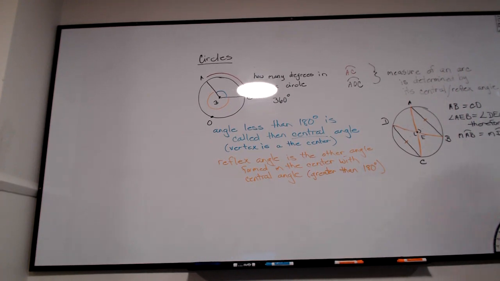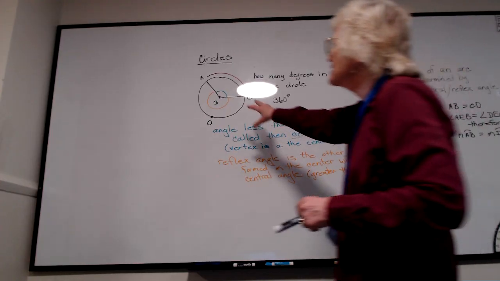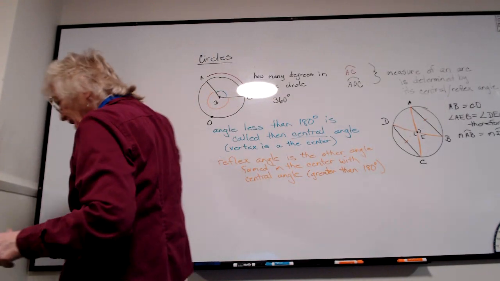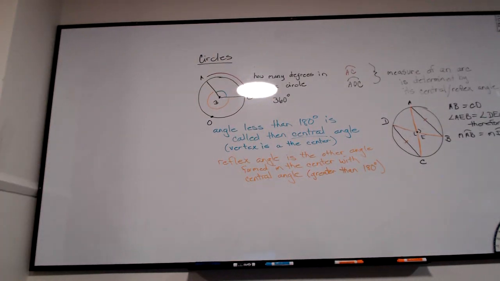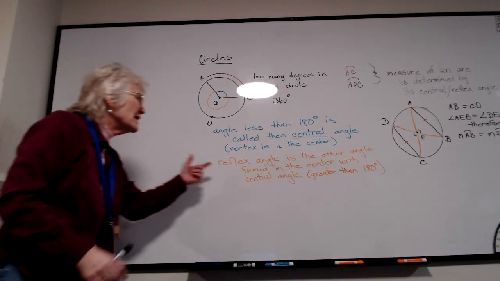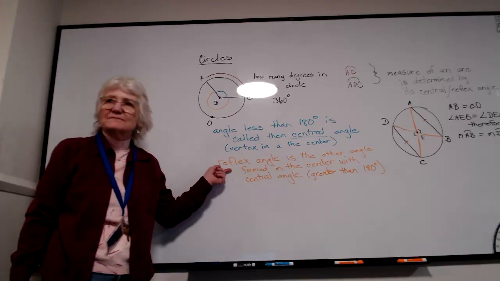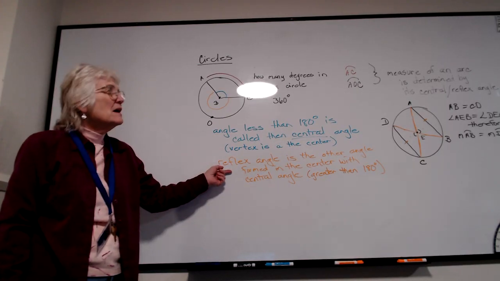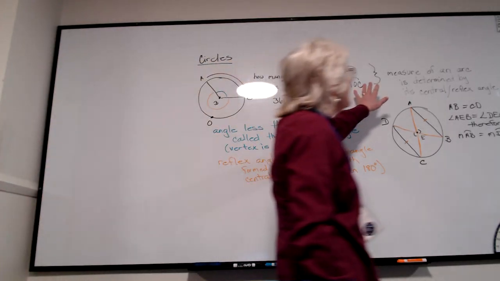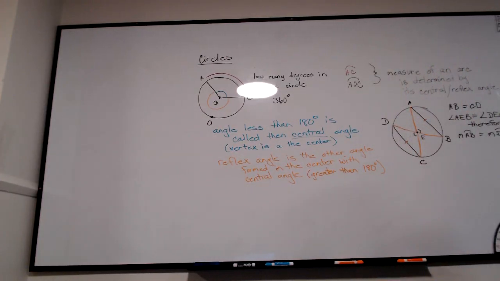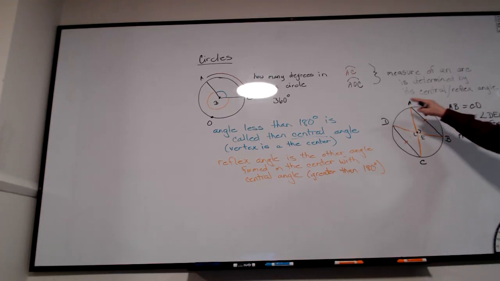So we've now defined angles that start at the center. So far we've only talked about angles that start at the center. They are called central angles or reflex angles. We have defined what arcs are. Arcs are basically these arcs right here. They look like an arch, so they're an arc.